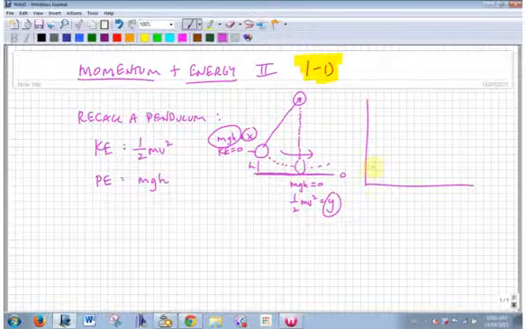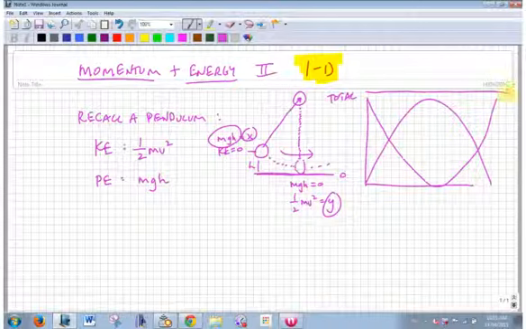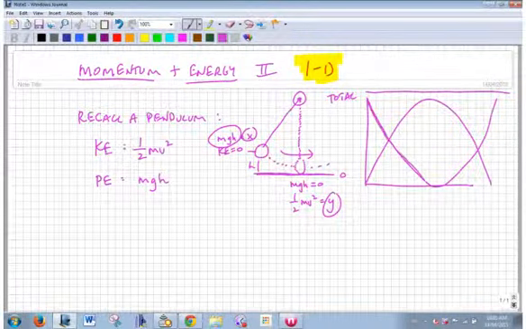So if I'm graphing kinetic energy and potential, one of them does that and the other one does exactly the opposite. Total energy is just a straight line that doesn't change because total energy is always conserved. So KE will go down to nothing at the sides and then back up.